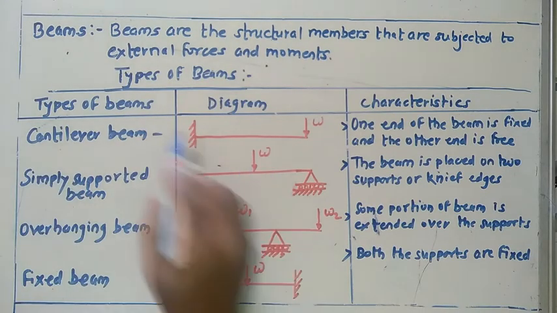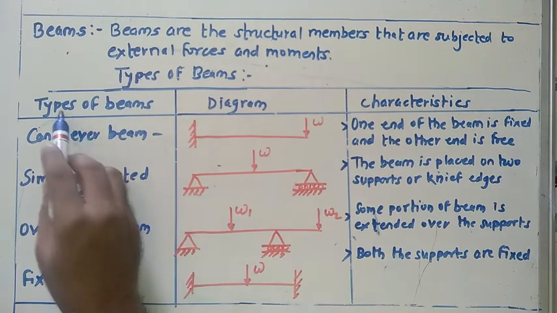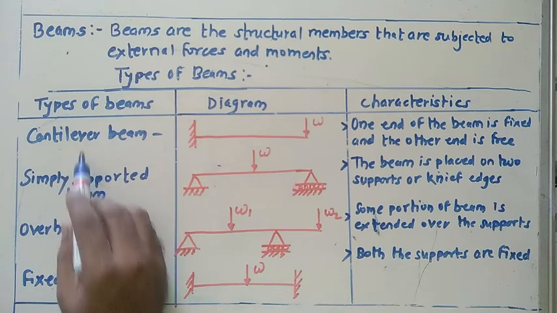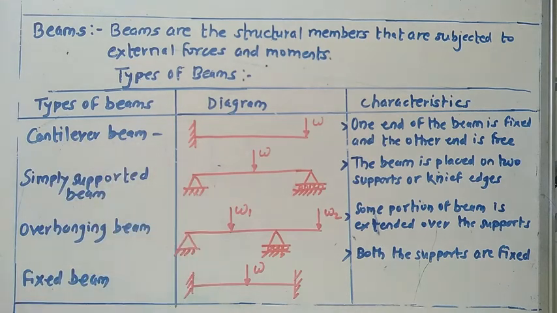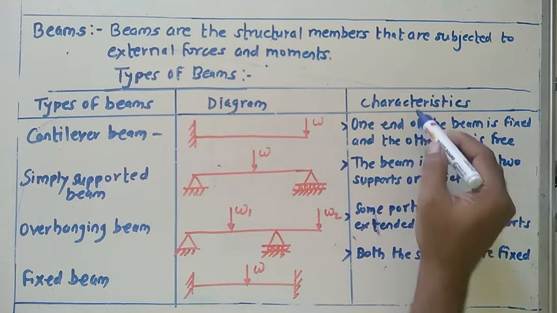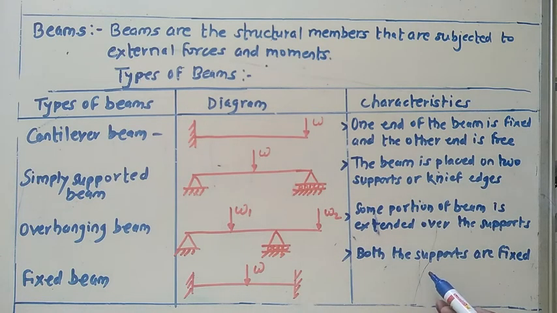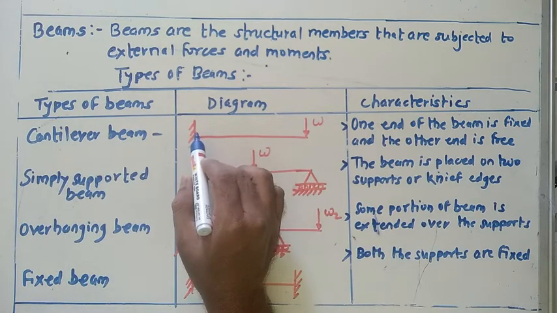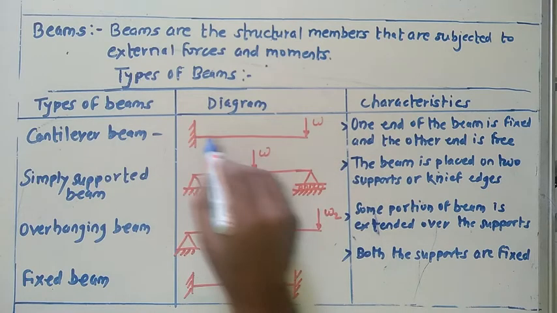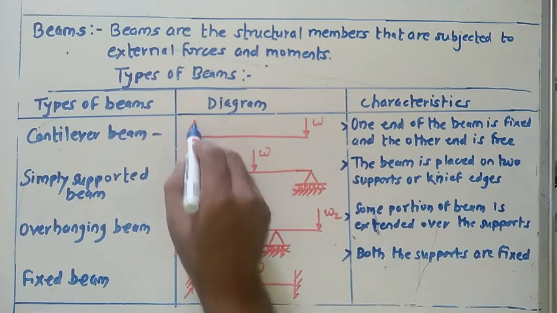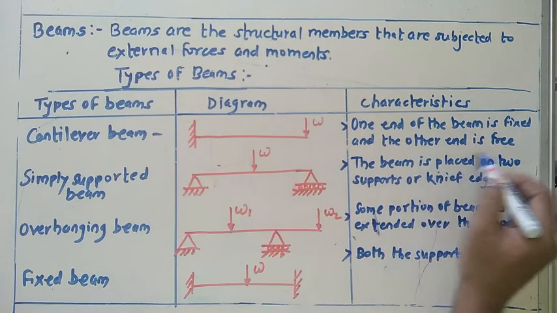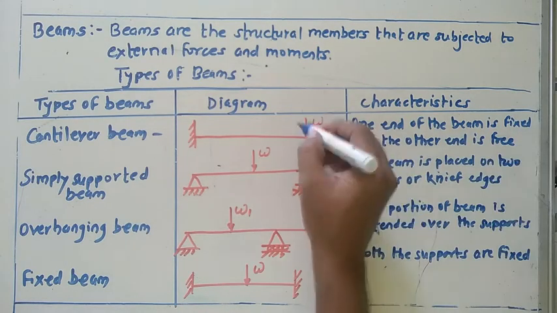Now we will see the types of beams. Here the list of the types of beams is in front of you. The first one is the cantilever beam. The diagram for the same is drawn here, and here you see the information about it. In the diagram, one end of the beam is fixed and the other end is free.